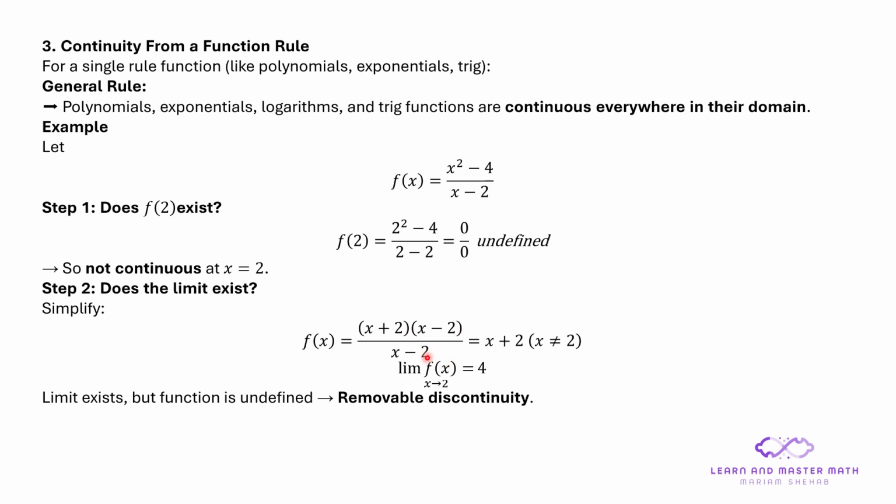In this case, x minus 2 would cancel. So it is a removable discontinuity. The resulting function after you simplify is x plus 2. If you substitute now x by 2, since you're getting the limit when x goes to 2, this will be 2 plus 2 equals 4. But in the end, this function is not continuous at 2. And the type of discontinuity here is a removable discontinuity.